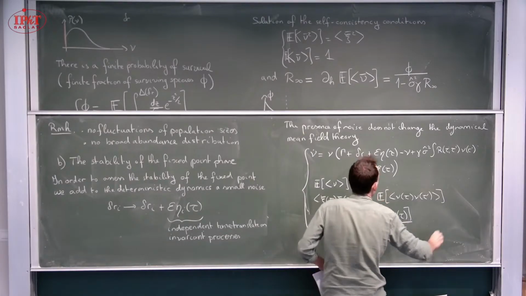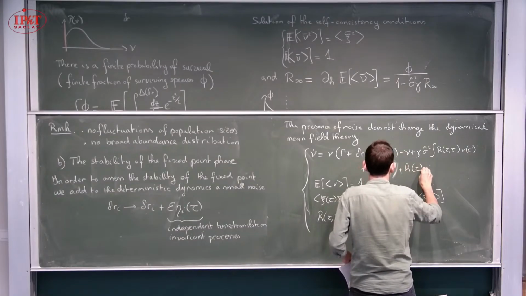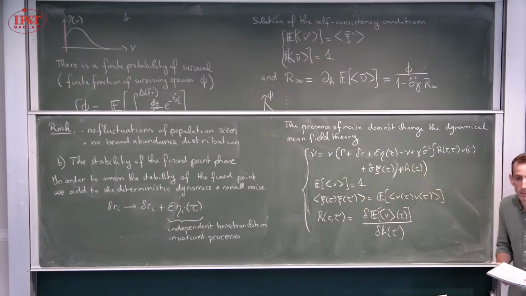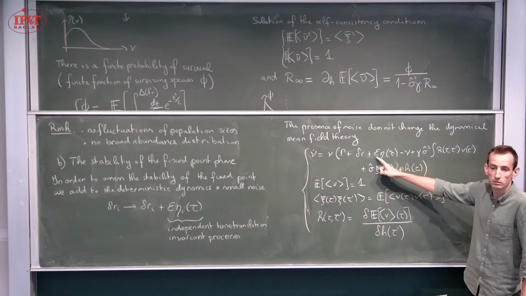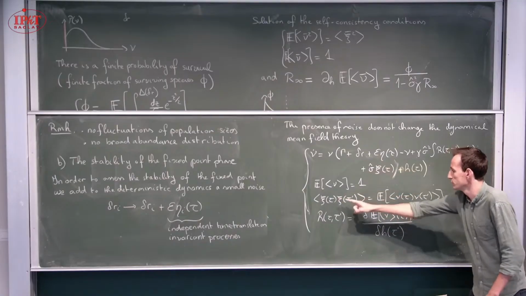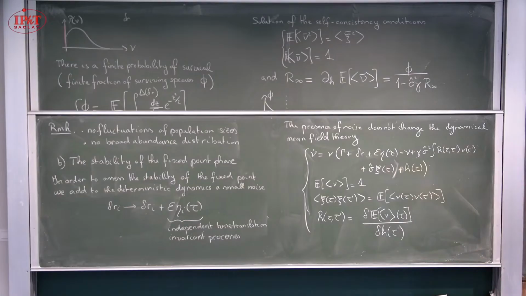I'm going to put h of tau here. So those are the same equations, except that now they have to be solved at epsilon non-zero. So the solution of this equation is not the same, because you have to solve it now with epsilon, but still the functional form of these equations is identical.